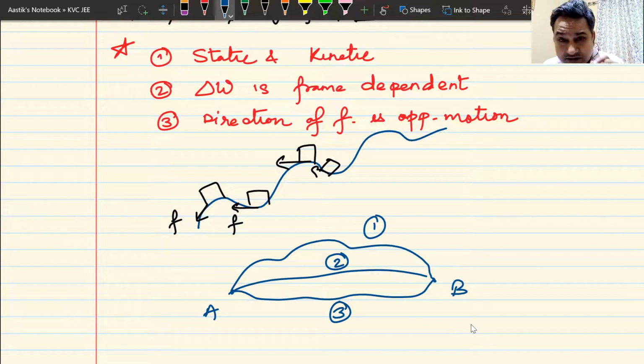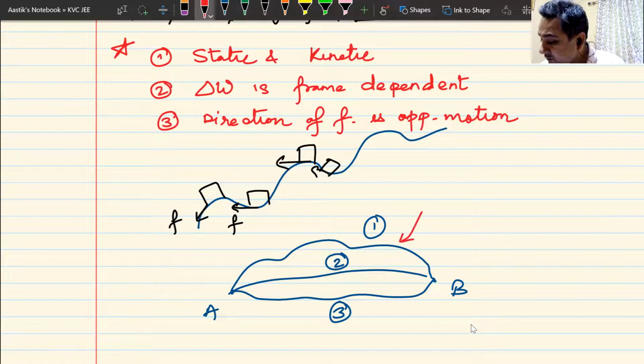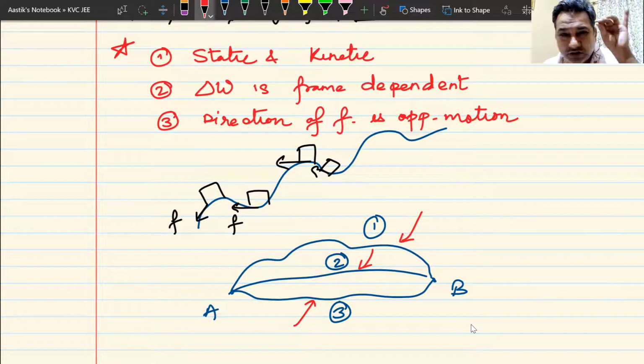But frictional force, even though it is constant in magnitude, it changes in direction. Since it changes in direction, the work done in this path will not be same as work done in this path, and it will not be same as work done in this path. And that is why it becomes a non-conservative force. It depends on path. It does not depend on displacement, does not depend on initial and final position. It depends on path.